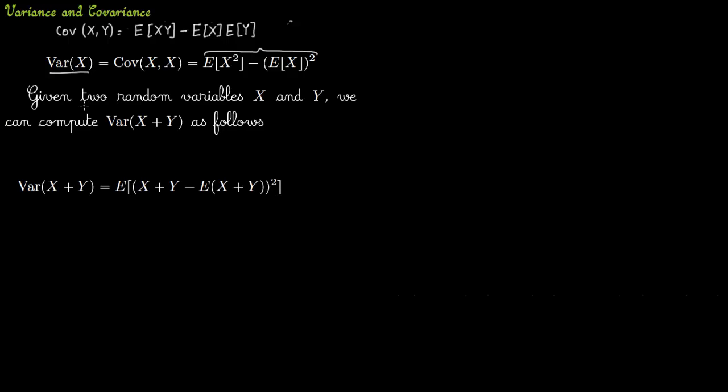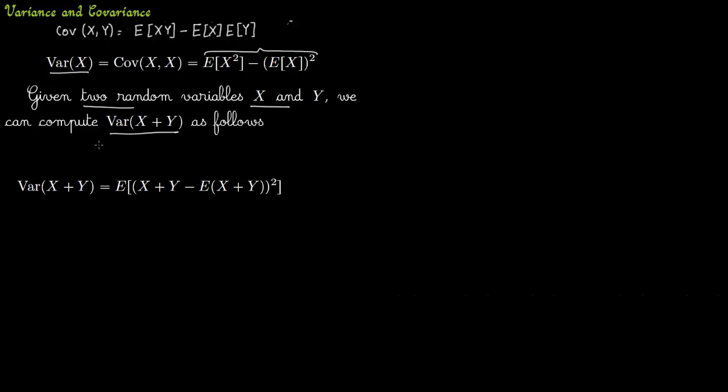So say you're given two random variables x and y. We want to compute variance of x plus y. So by directly using the formula of variance, you have expectation of x plus y minus expectation of x plus y, whole square.